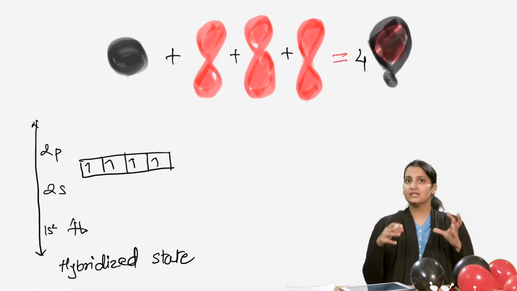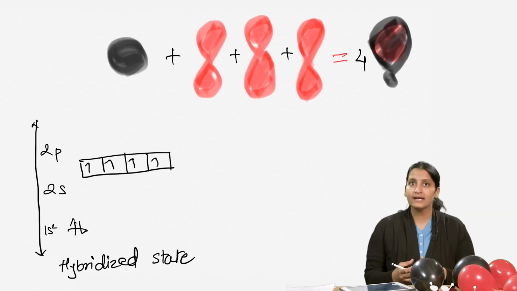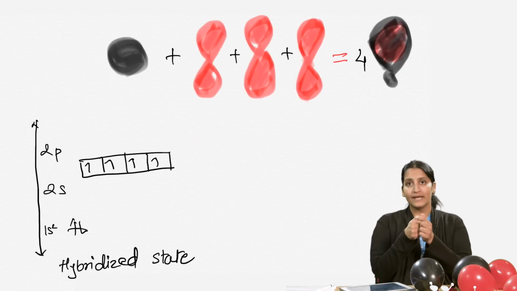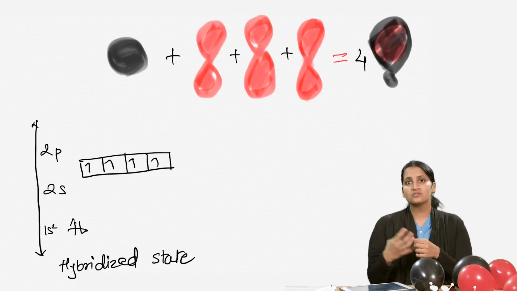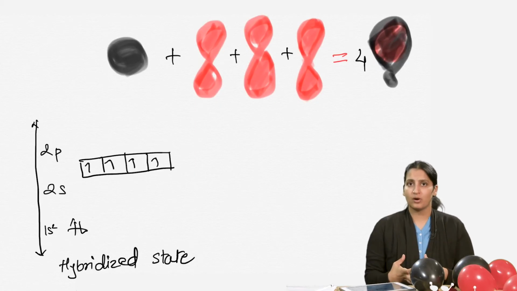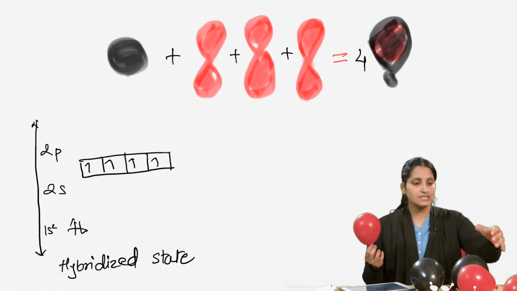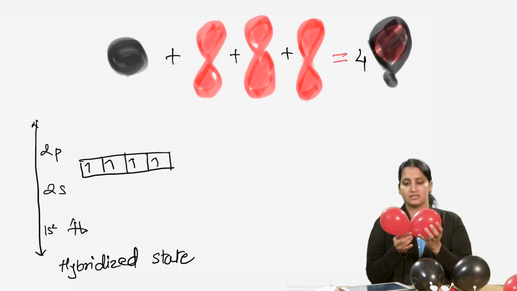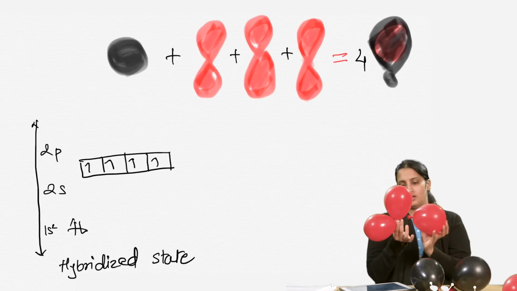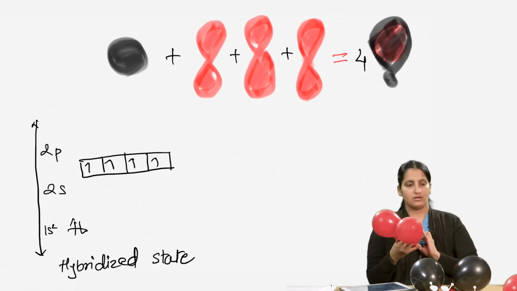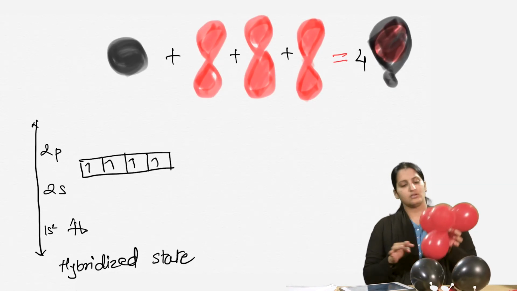Now, you can imagine that since I have 4 equivalent hybridized orbitals around this carbon atom, when it forms bonds, it is going to form 4 equivalent bonds. So, in order to represent that, I am going to use these as my hybridized orbitals. Okay.